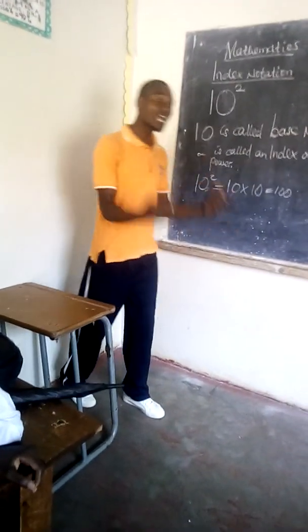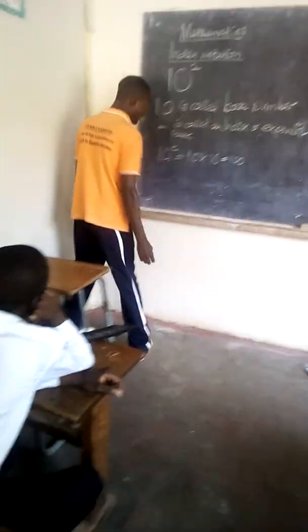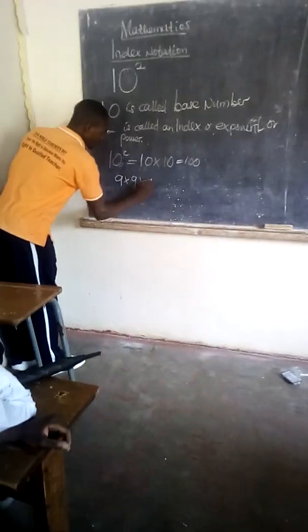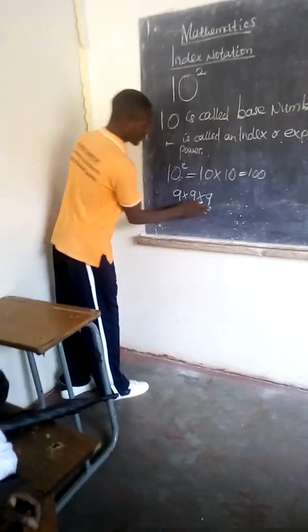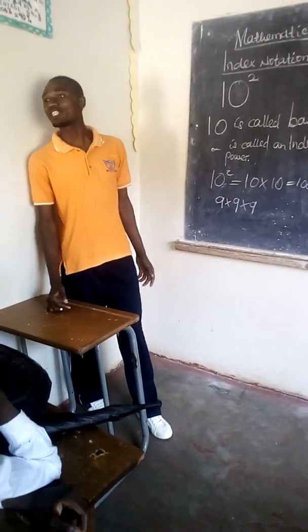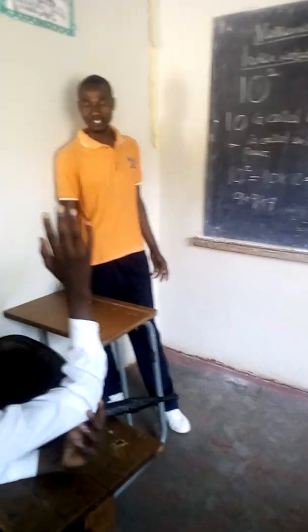They say 9 times 9 times 9, and then they say, write this number in index notation. What could be the answer?